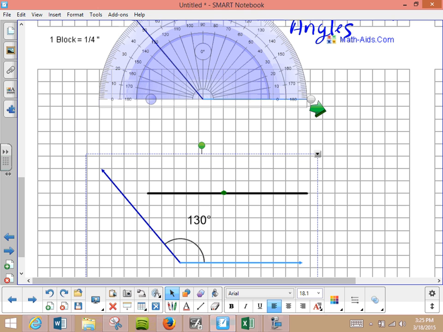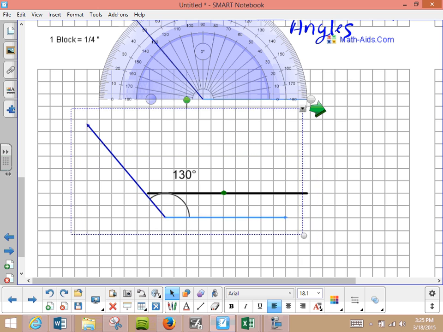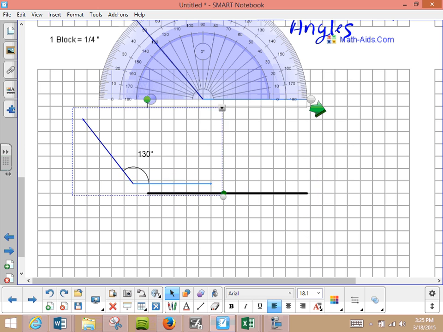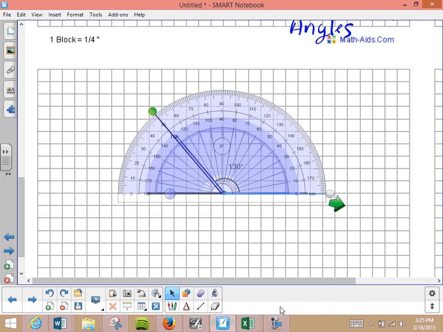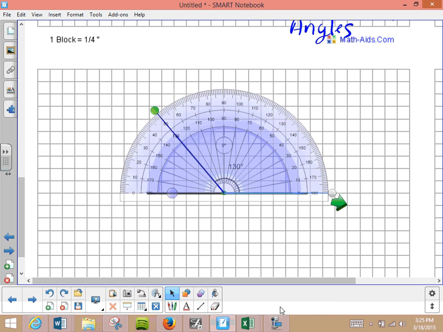And they would think that the angles change, and it doesn't. You notice it doesn't matter how big, how long, or short the rays are. The angle is just the distance between them, in degrees. So we're going to use this right here. We're over there, and now we're going to create another one.